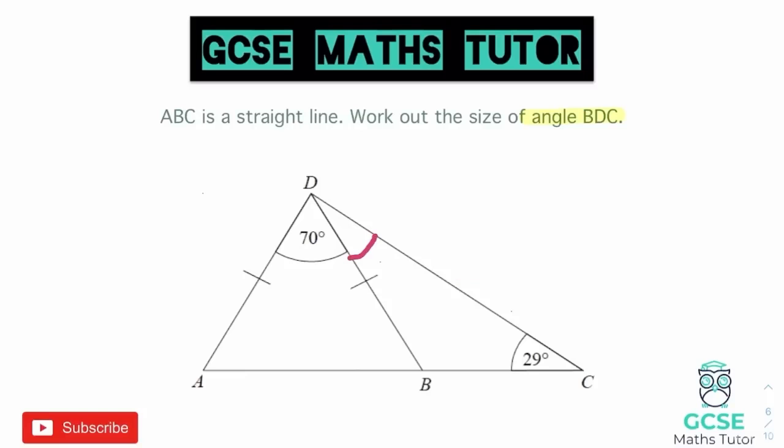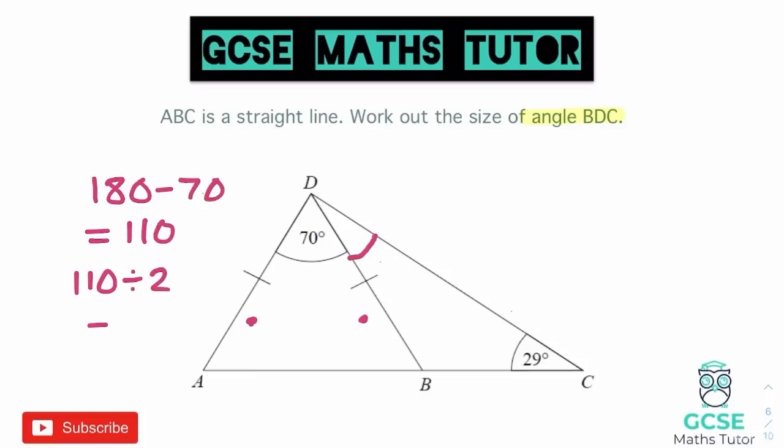Because we have that top angle in the isosceles, we can definitely work out these two base angles, again just finding the ones underneath those two little lines. So at the moment there's a top angle of 70, so if we do 180 take away 70, it's going to tell us what's left to be split between the two base angles, and that is 110. If we divide that by 2, that will split it into our base angles, and 110 divided by 2 is 55 degrees. So both those base angles are 55.